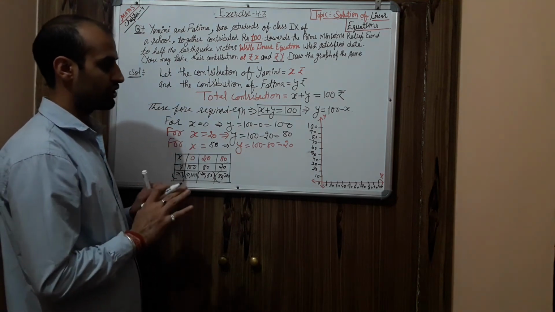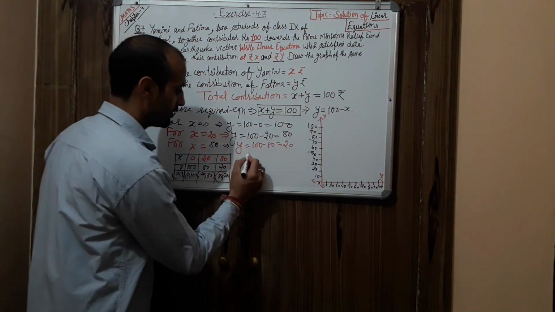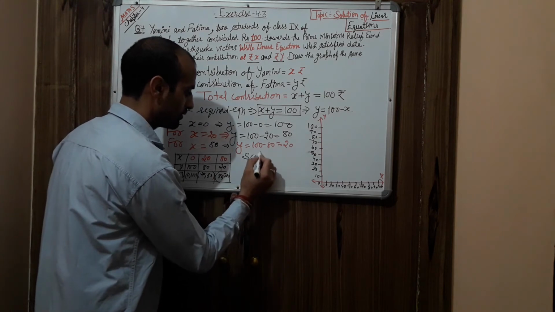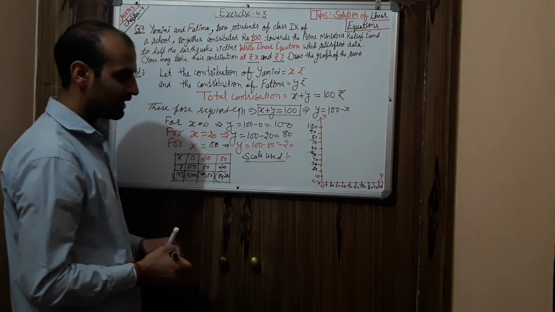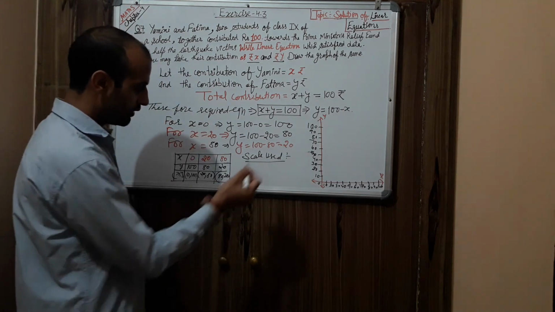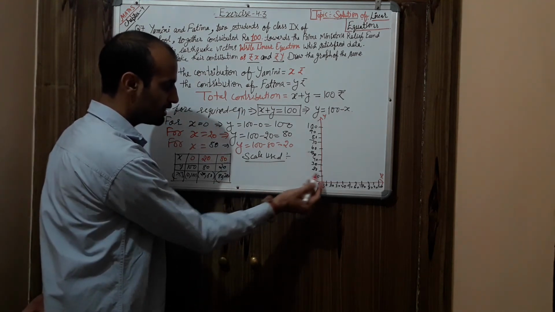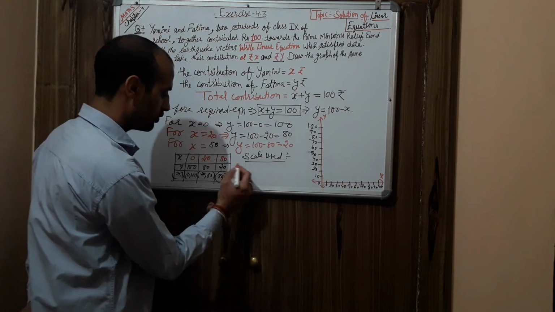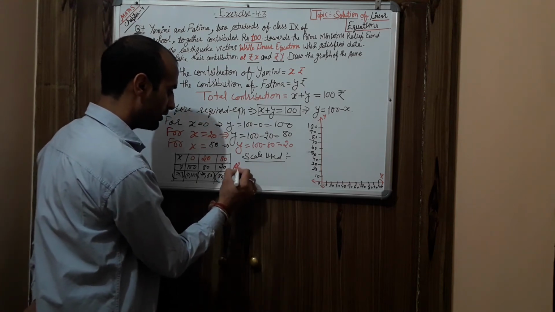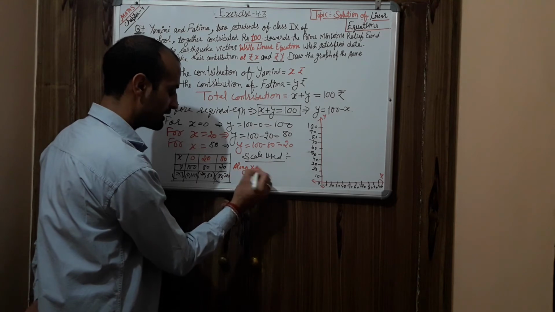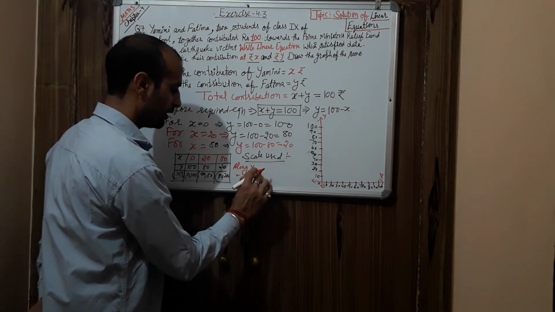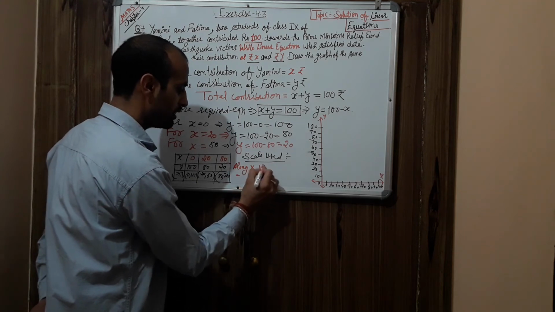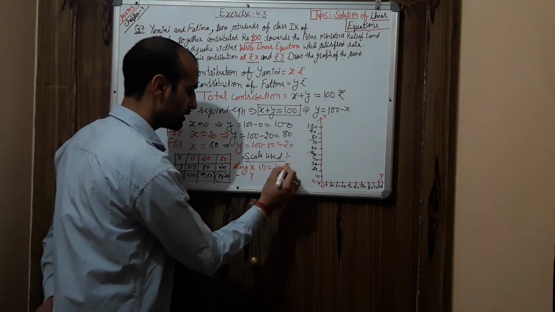In such questions you need to write the scale used. What we have selected here is that one small box is equal to 10 rupees. We need to write along the x-axis and along the y-axis: one division is equal to 10 rupees.